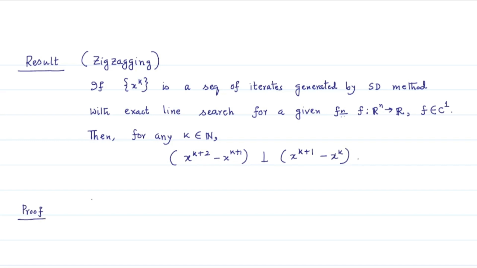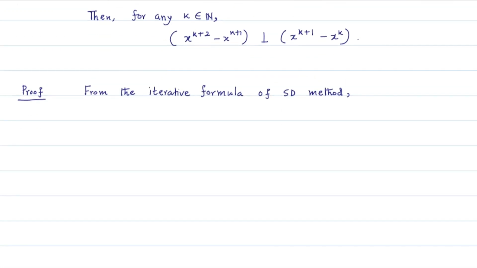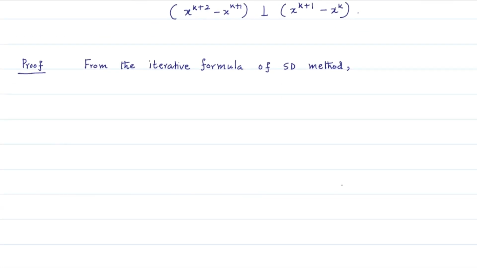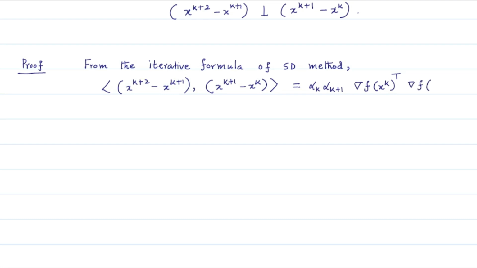In proving this result, we notice that from the iterative formula of the steepest descent method, the inner product or dot product of these two vectors, xk plus 2 minus xk plus 1 and xk plus 1 minus xk, is equal to alpha k times alpha k plus 1 times gradient of f at xk transpose gradient of f at xk plus 1.